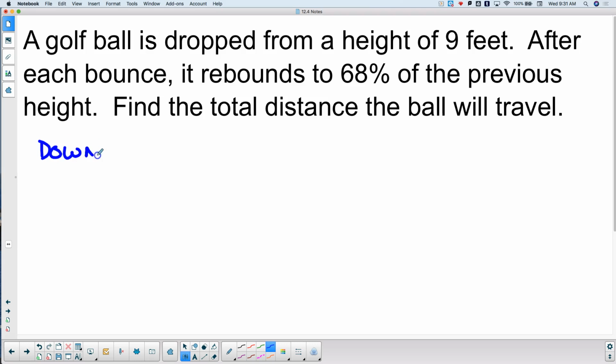If I do the downs, how far does it fall first? 9 feet. Then it rebounds how high? 6.12.